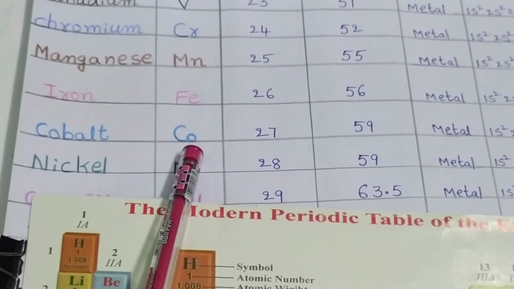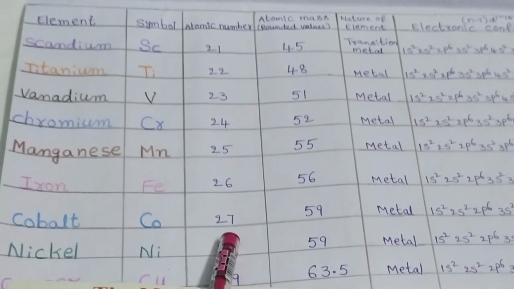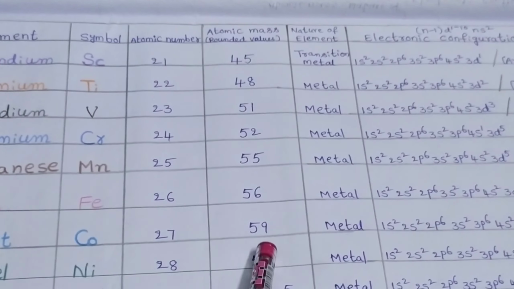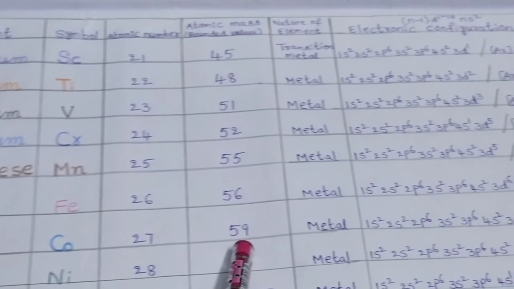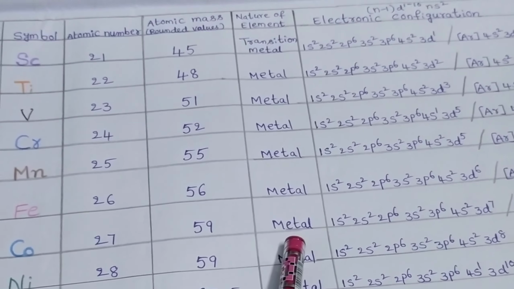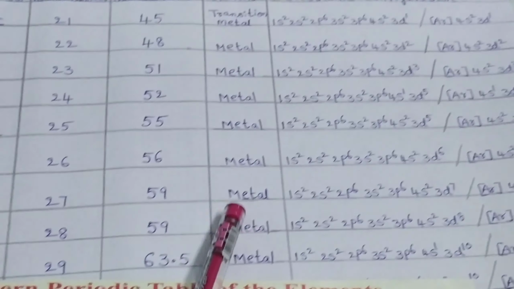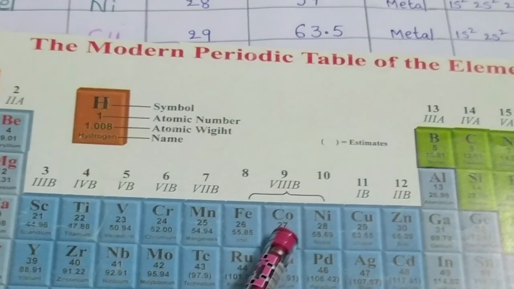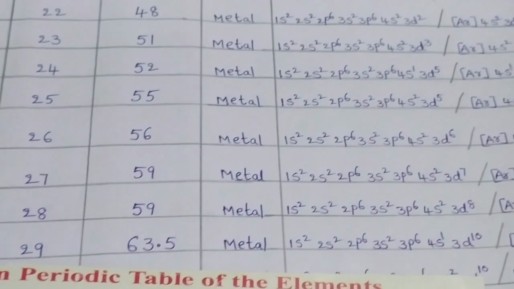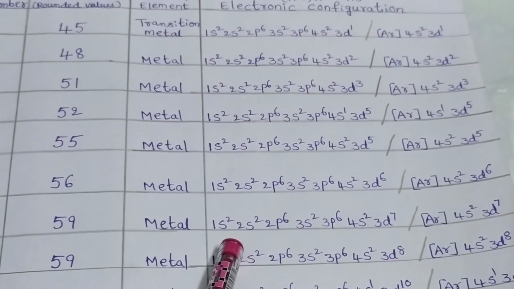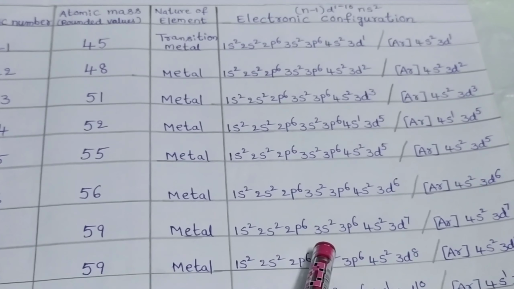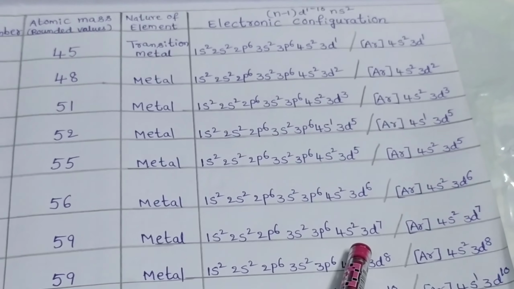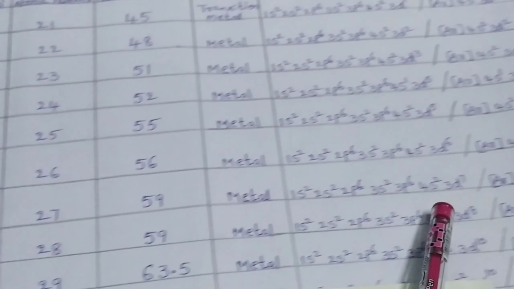Symbol Co. Atomic number 27, mass number 59. It is an example for metal. Cobalt is the seventh element in the d block. So the electronic configuration can be written as 1s2, 2s2, 2p6, 3s2, 3p6, 4s2, 3d7.